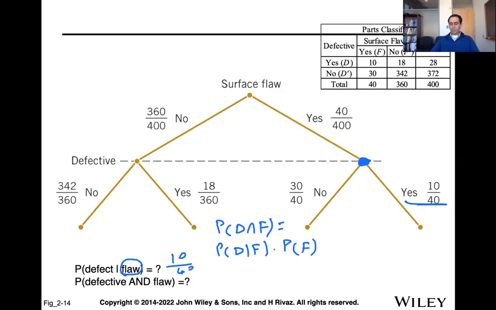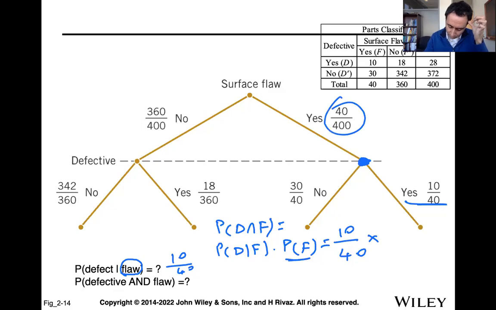Remember, again, we are using the multiplication rule, a very important equation. We just calculated P of D given F, that was 10 divided by 40. And now what I need to do is multiply that by P of F, and I know P of F was 40 divided by 400, right? So that's the answer: probability of defective and flaw.